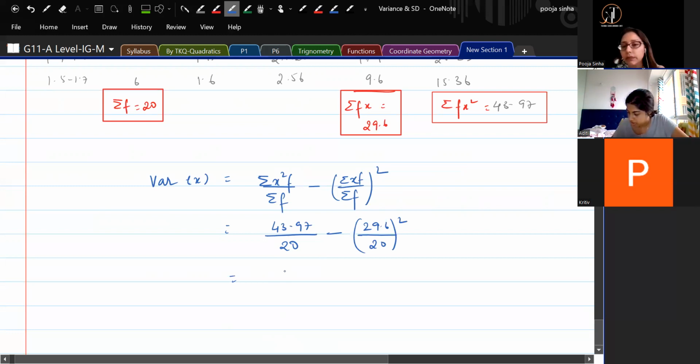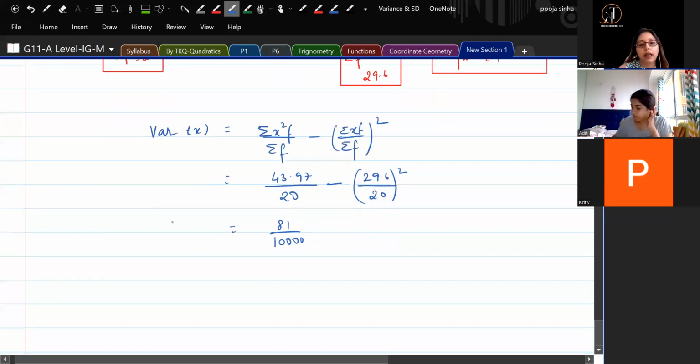So just tell me in decimals, how much will it become? 81 upon 10,000. And now standard deviation would be under root of this, which will become 9 upon 100, which is equal to 0.09.